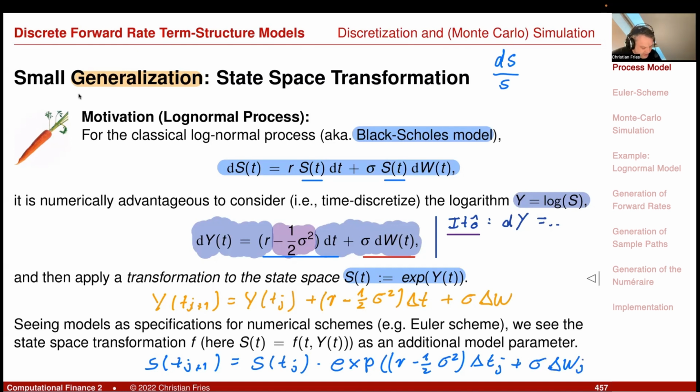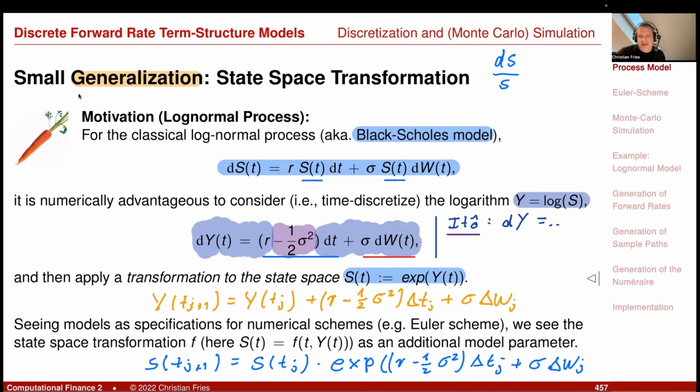So these are the increments associated with this time step. And the log Euler scheme is much more accurate compared to the Euler discretization of the original stochastic process. In this case, it's even the exact solution.